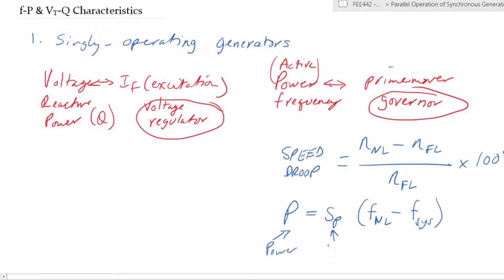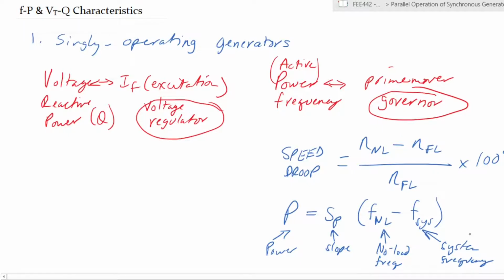SP is now the slope of a characteristic we will see shortly. This is your no load frequency of the generator at that particular set of generator settings. And you have the system frequency of the system that you are supplying.